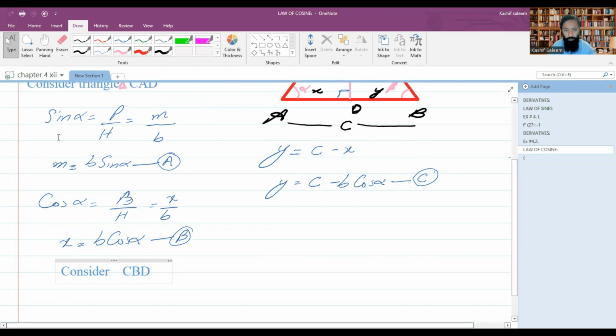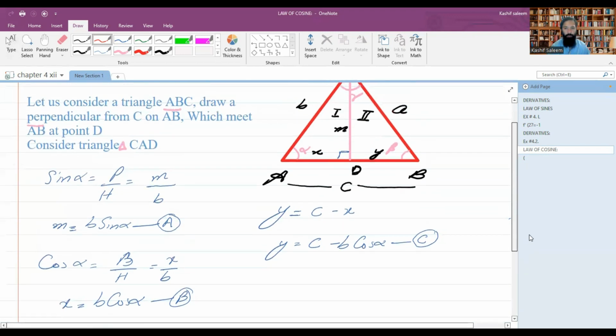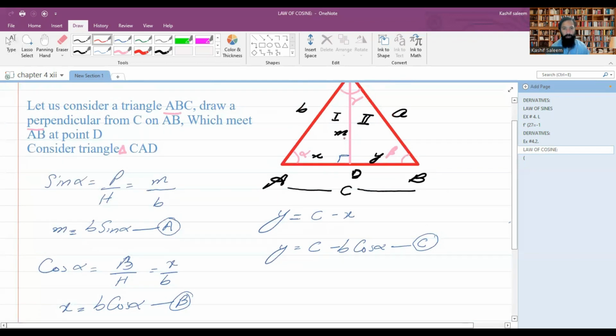We know that hypotenuse square is equal to perpendicular square plus base square. The perpendicular is equal to m, and we have already defined the value of m: m is equal to b sine alpha.